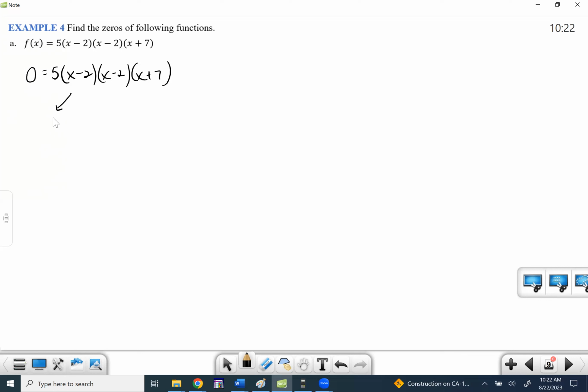This is as good as it gets, right? So you would set each factor equal to 0. And then you would just move them over, getting the opposite signs, right? This one would be the same thing. This one will be -7. So we can see that we have x, 2 is a 0 with multiplicity 2.